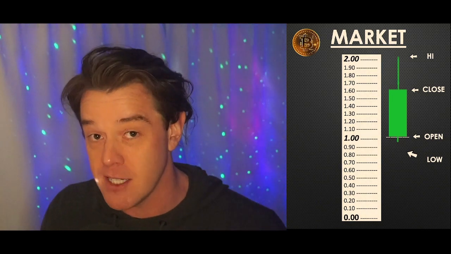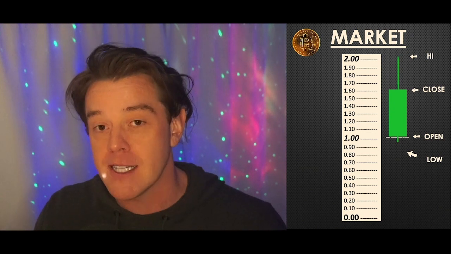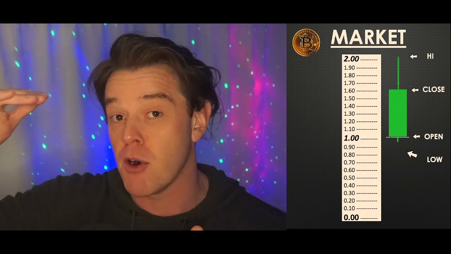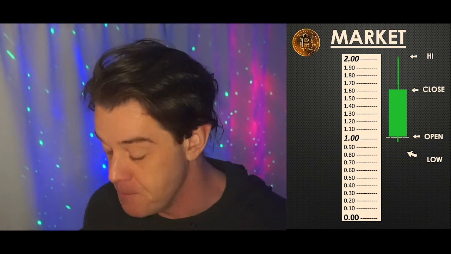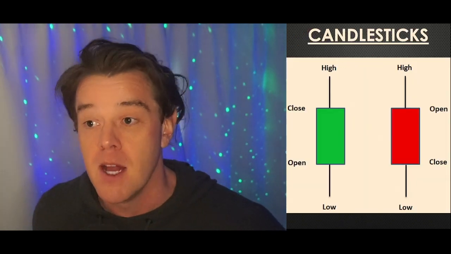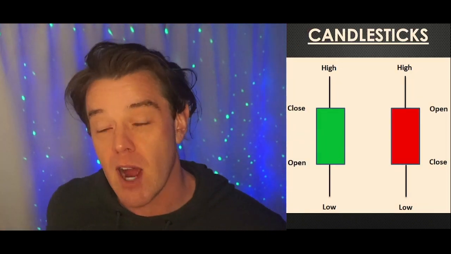It doesn't mean that the entire candle is a negative price move, because the price moved back up over the course of the hour, which is why it closed above $1, making it a bullish candle, green for positive price move up in direction, okay? If the candle had closed below $1, the candle would look like the red one on the right side.